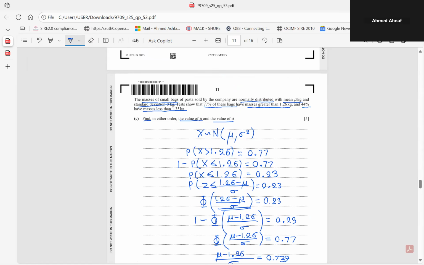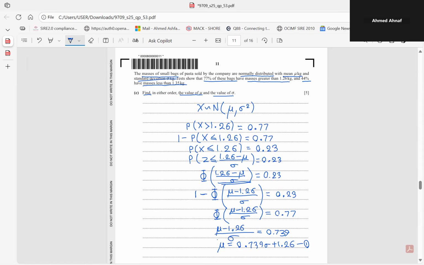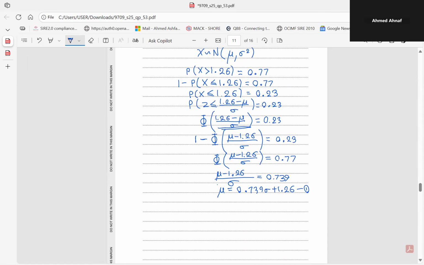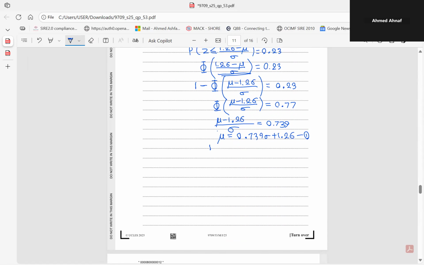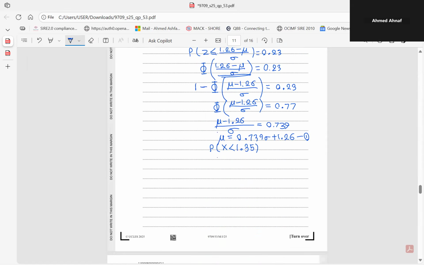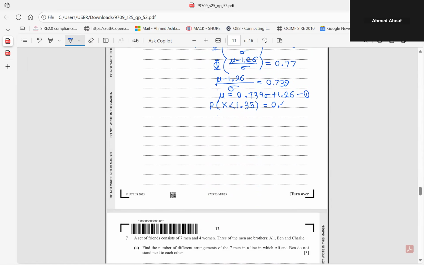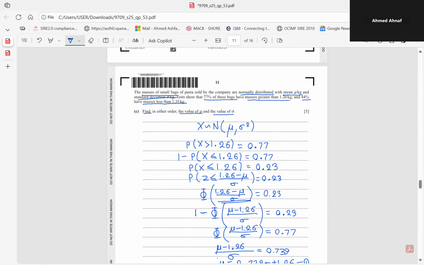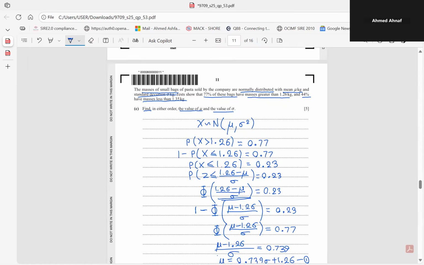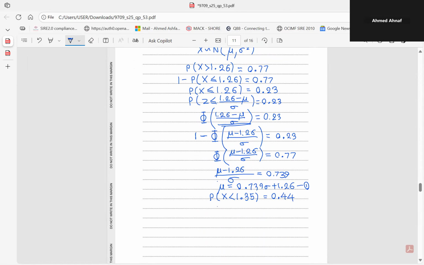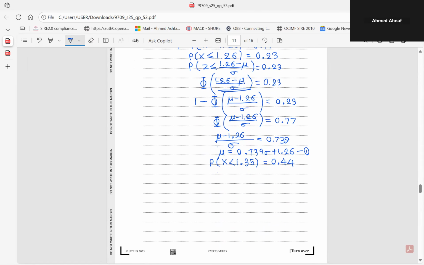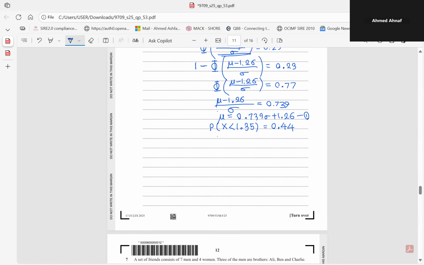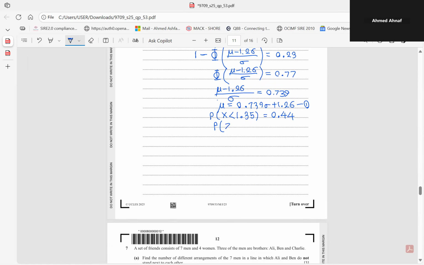Now let's use the second piece of information, that 44% have masses less than 1.35 kg. So P(X less than 1.35) is 0.44. Let's just standardize it.